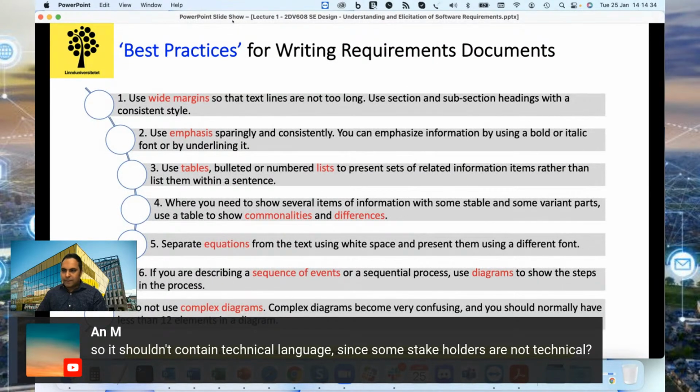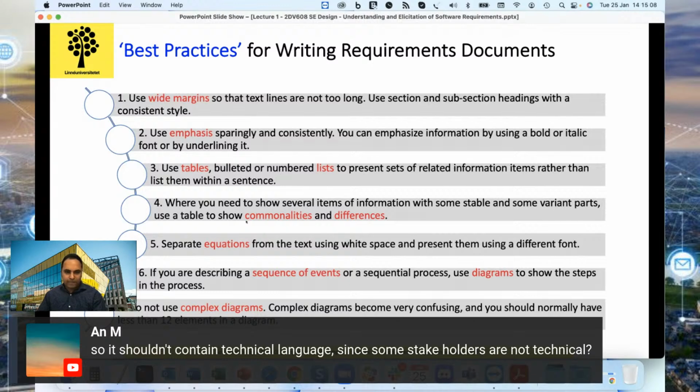I have a couple of slides before I go for a break and give you also a little break. That is best practices for writing a requirements document. These are very common practices that are also applicable for general documents. For example, white margins, using tables and bullet and numbered lists instead of large, long, boring paragraphs.